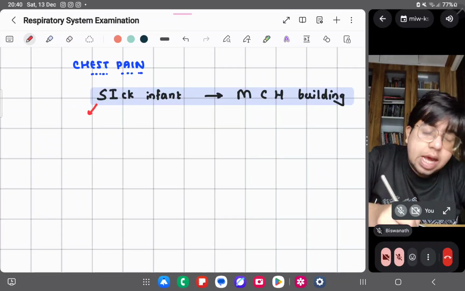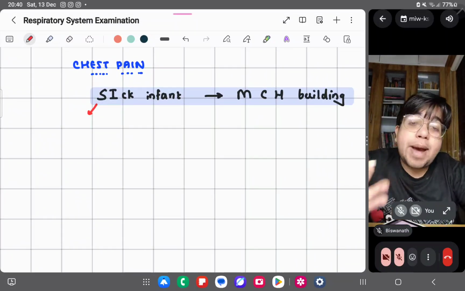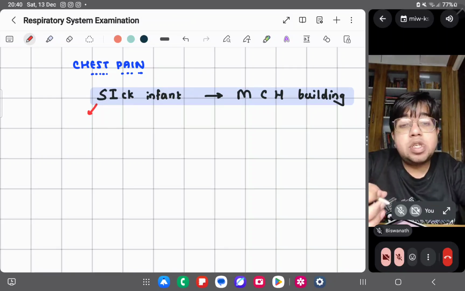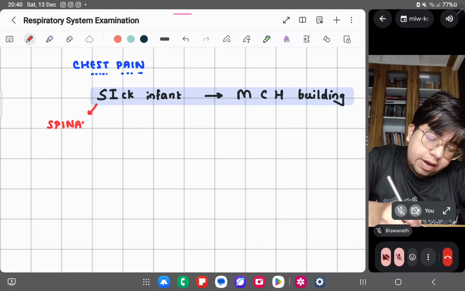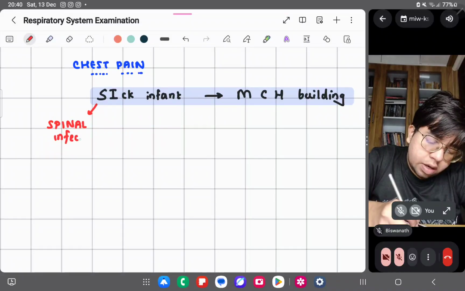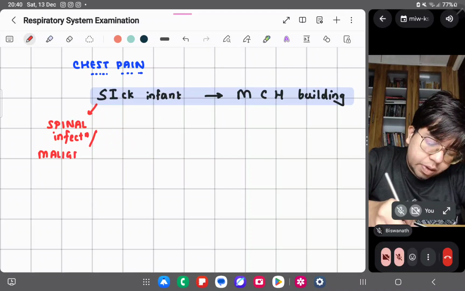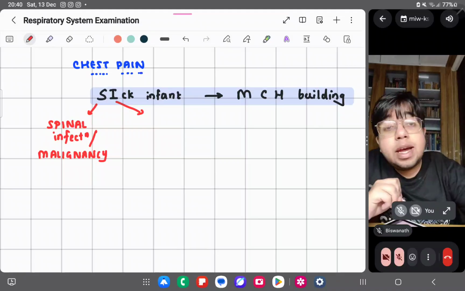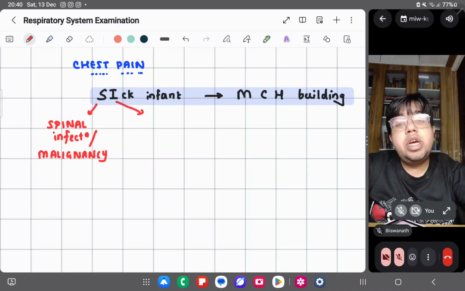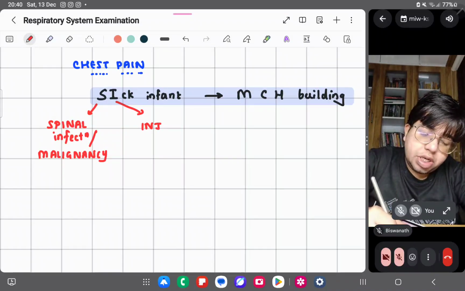S stands for spinal infection. A spinal infection or malignancy can produce chest pain. Then I stands for any injury or inflammation.